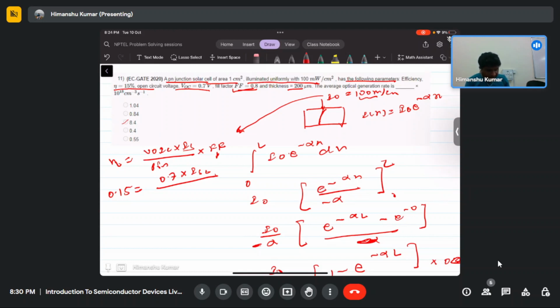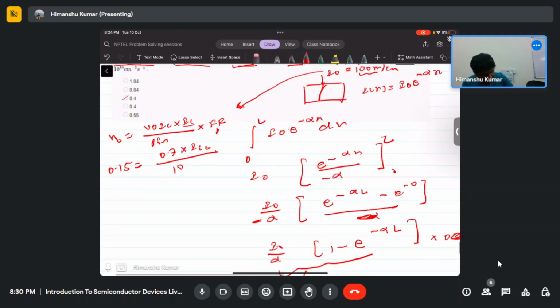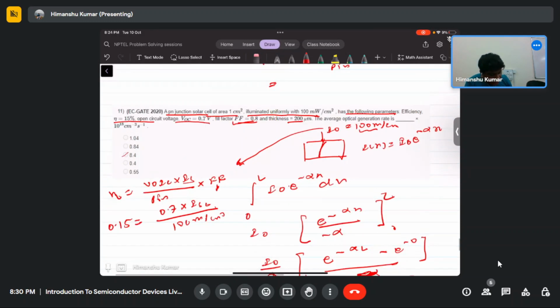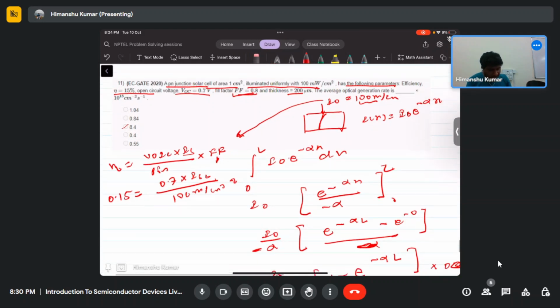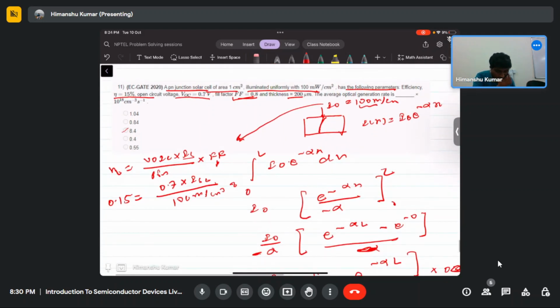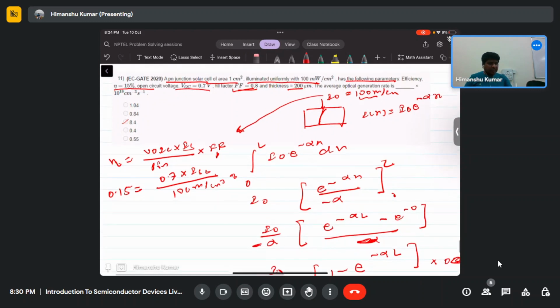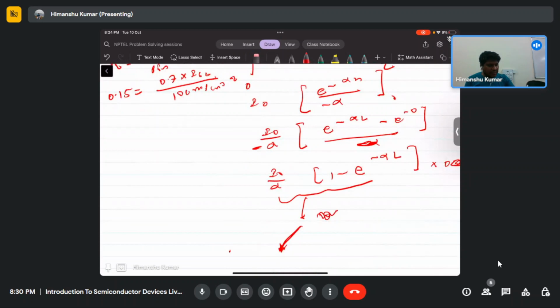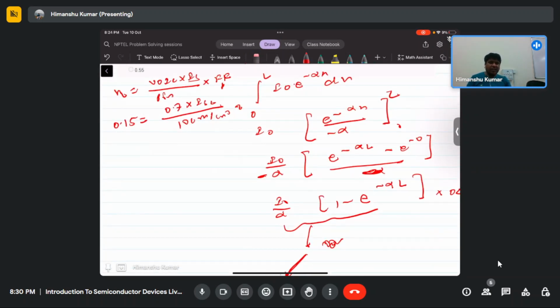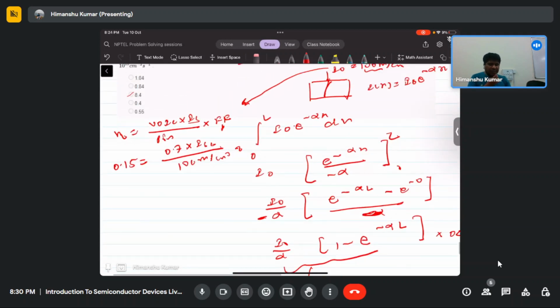The power input is 100 milliwatt per centimeter square, with uniform illumination. If you integrate this equation per centimeter cube, you get the total number of photons absorbed, and from that the total number of electrons generated.